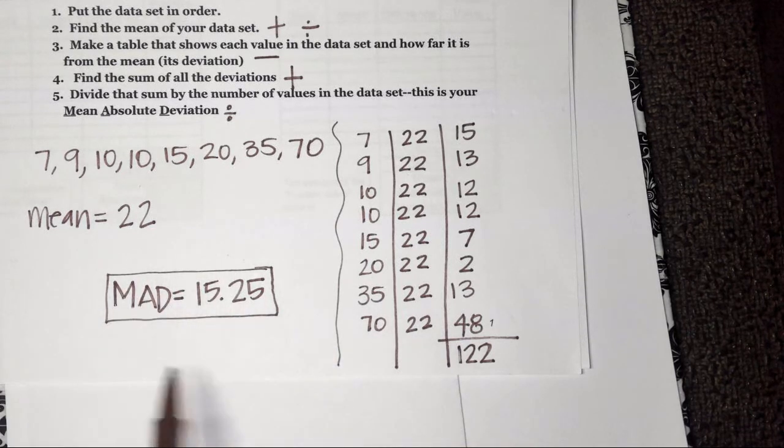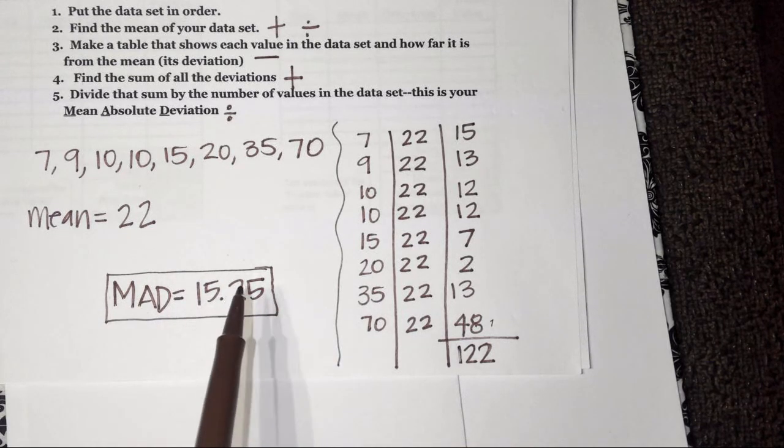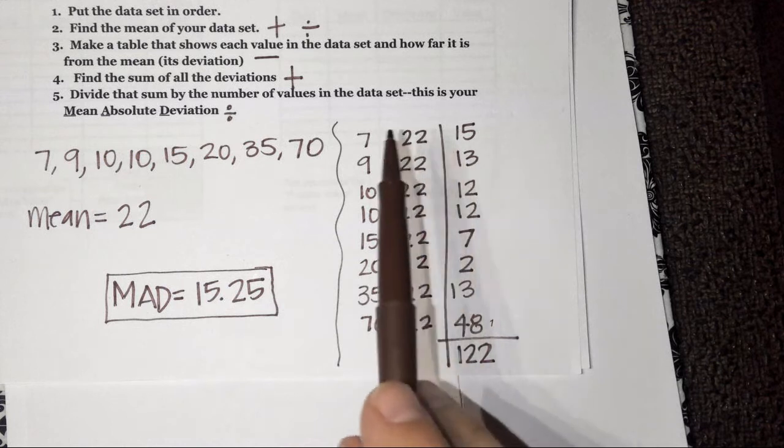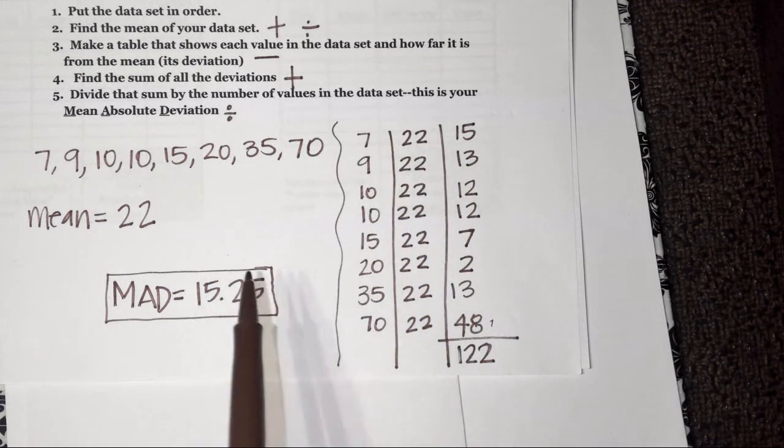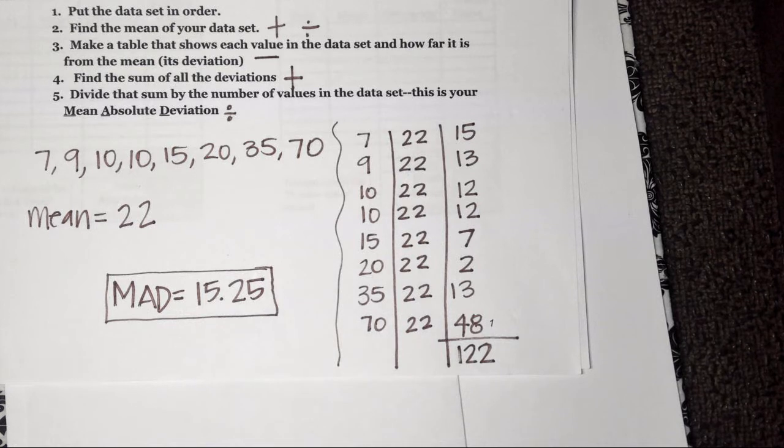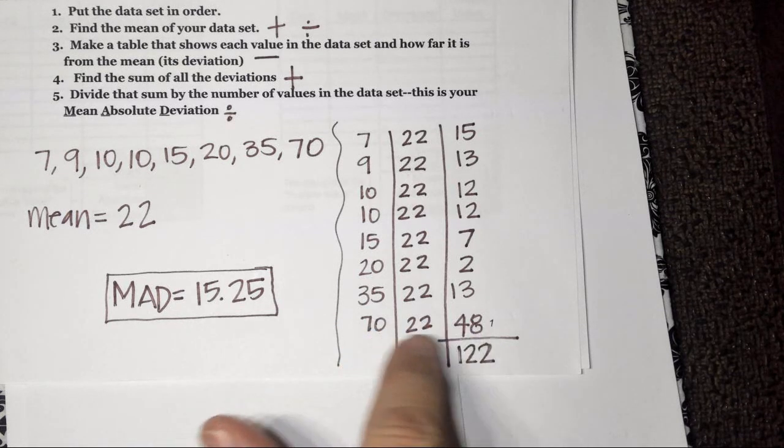This number tells me that most of my data set falls within 15 points of my average. Do all of them do that? No. Most of them are pretty close. Do you see one that's not? What about this one?